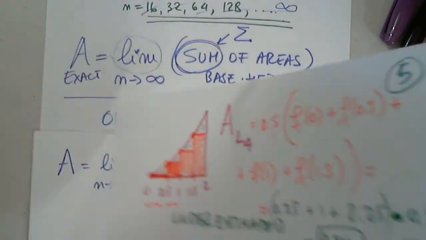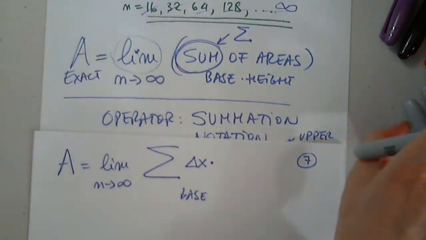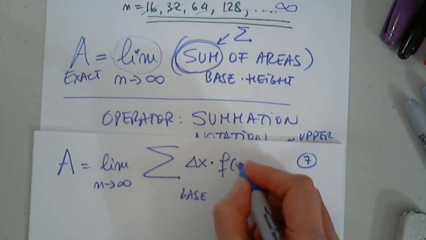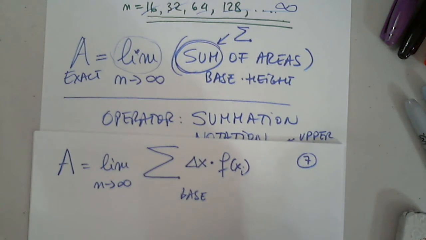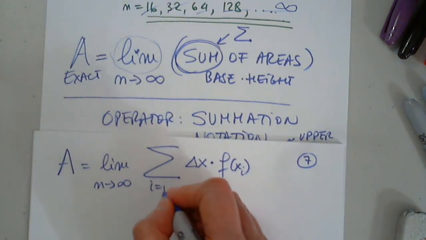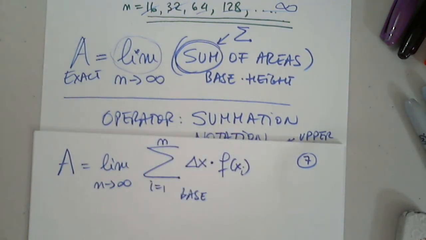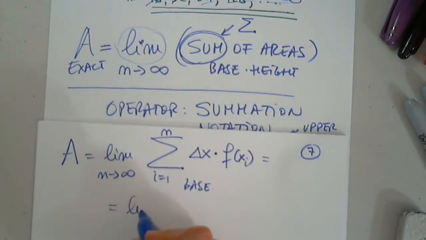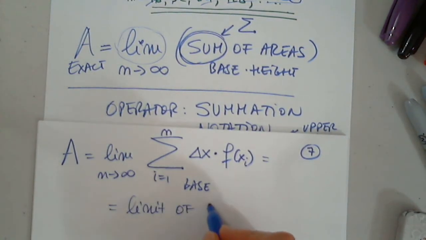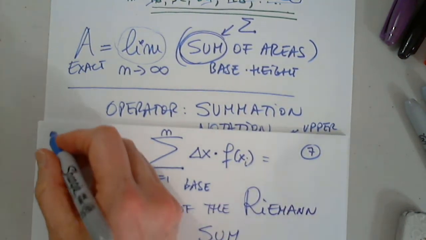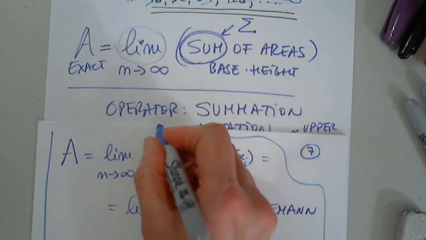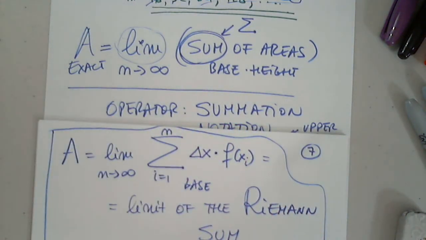F of x, and this is x i, because it's from the first subinterval to the last one, from I equals 1 through the last subinterval. This is called the limit of the Riemann sum. And this is the exact area.